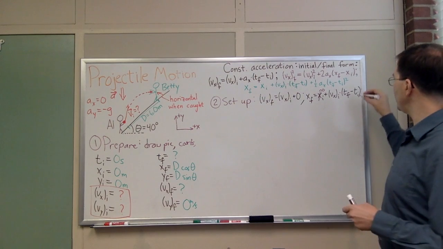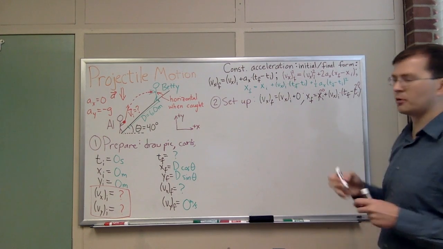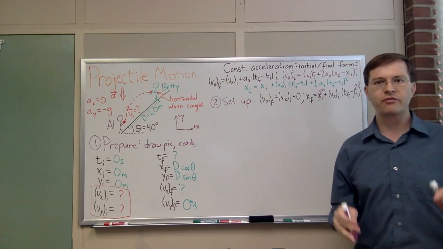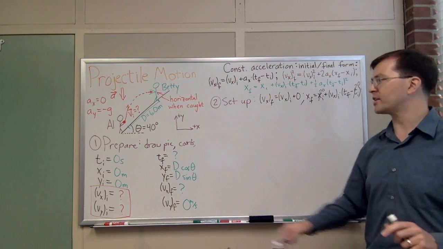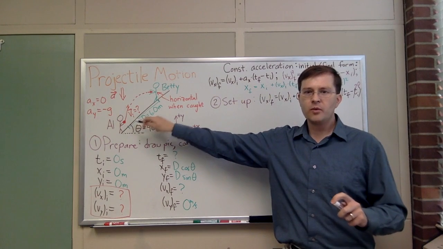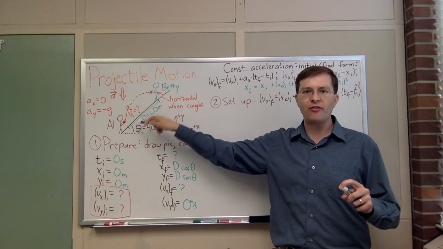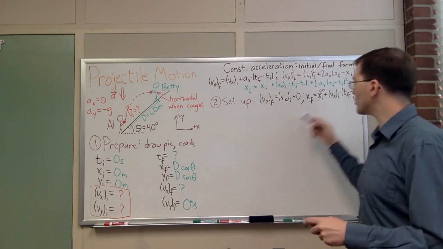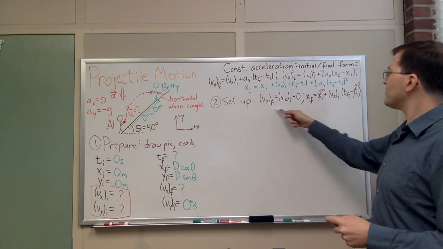I know that t initial is 0, based on a choice. I'm going to plug in 0 there. I don't like plugging in numbers early, but I make an exception for 0. Because remember, we got to choose where 0 was. We got to make that choice, and we may as well profit from the choice we made. So I'm willing to plug in the zeros that I chose in order to make my equation simpler. So that's my x equations.